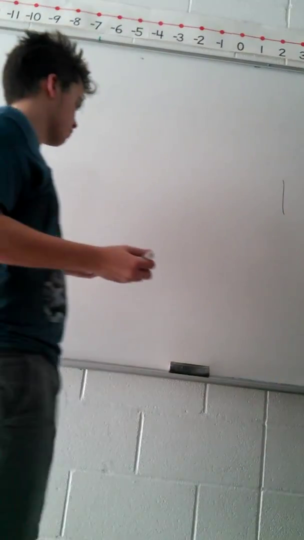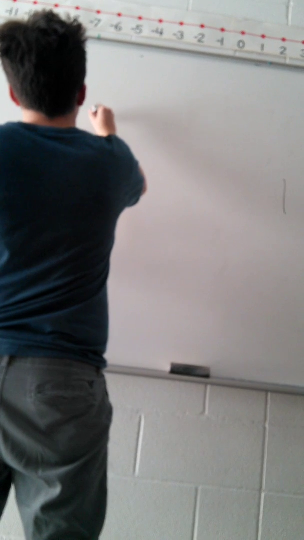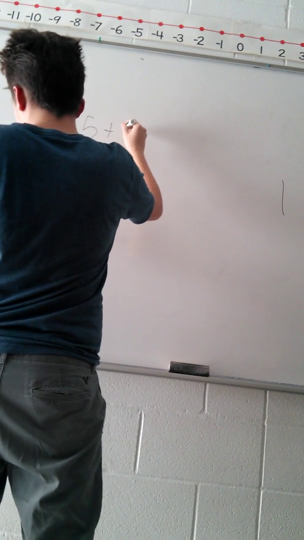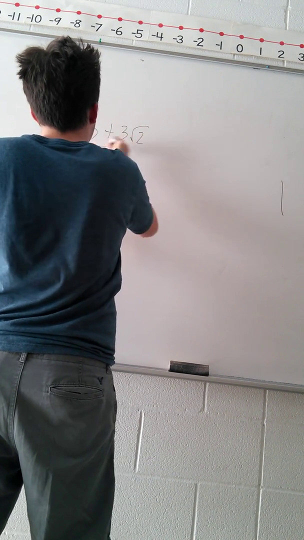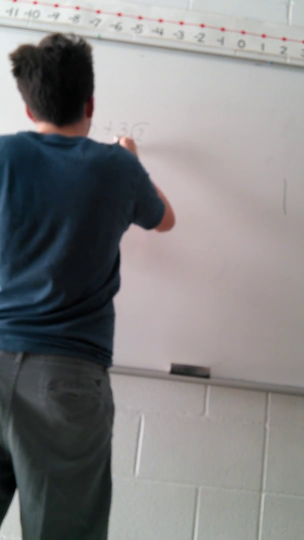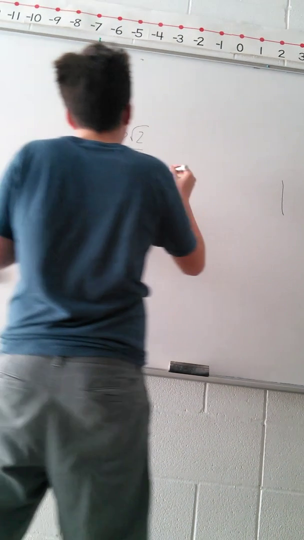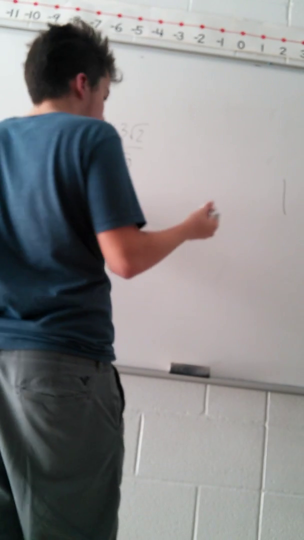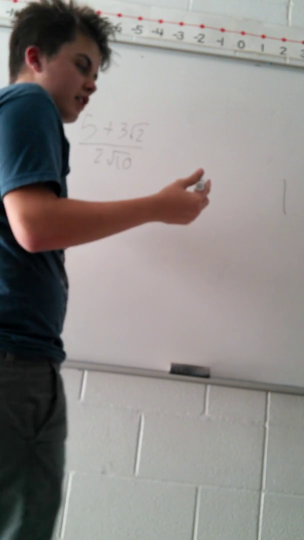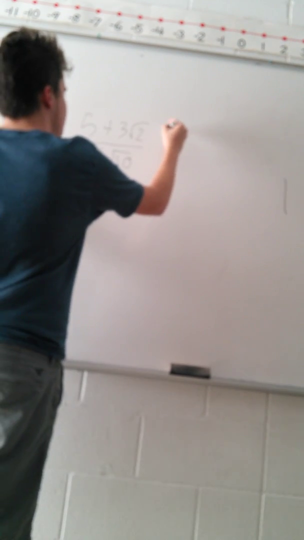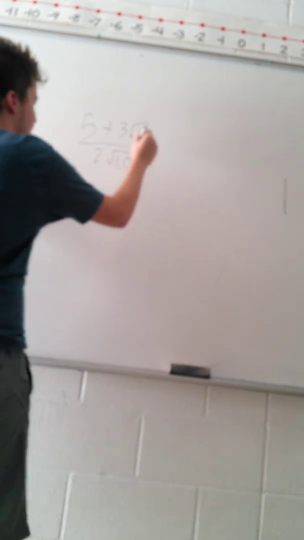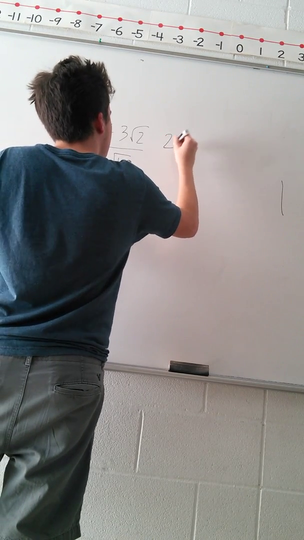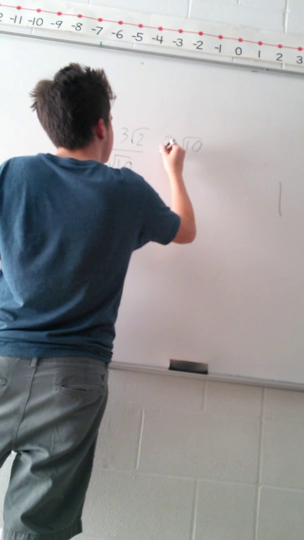Alrighty, for our next question, we will have 5 plus 3 radical 2 over 2 radical 10. Your first step will be to multiply 2 radical 10 by both the top and bottom of the equation.